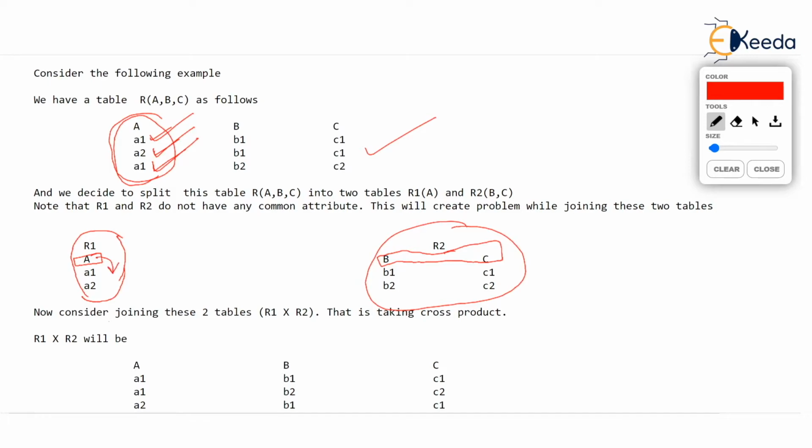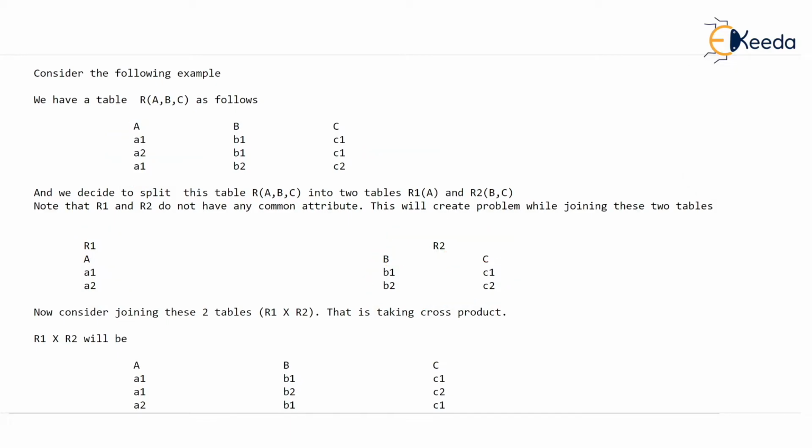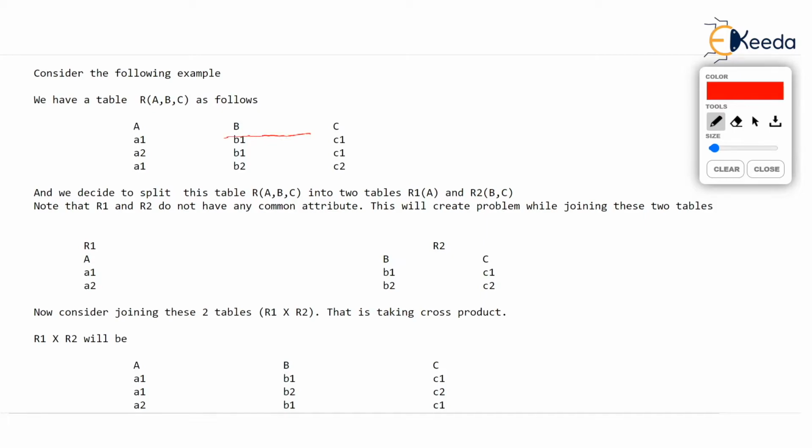And let's see values of BC for table R2. These values of B and C will be taken by R2 table. What are the values? B1C1, B1C1, B2C2. So obviously we will have only B1C1 and we will have B2C2, isn't it?